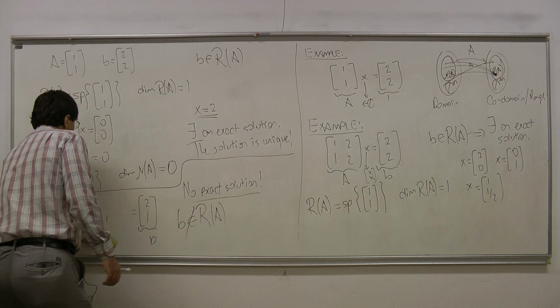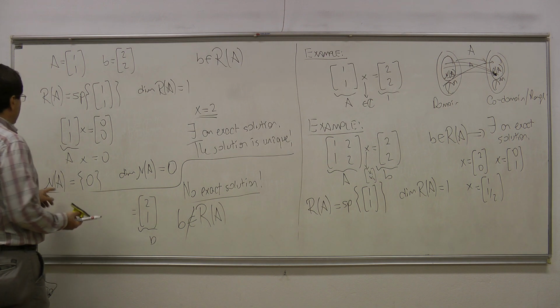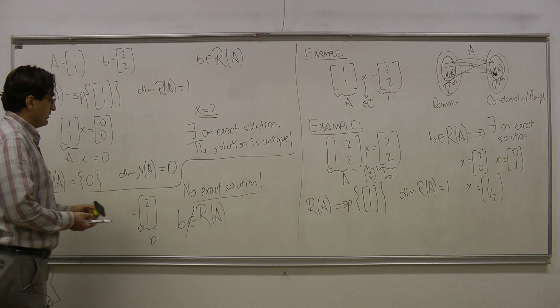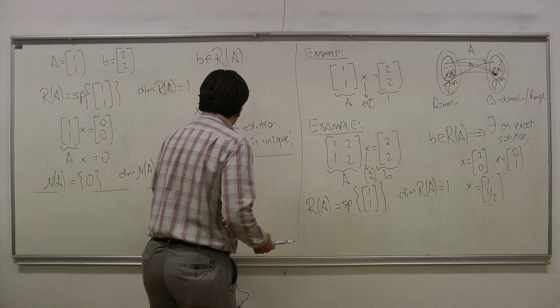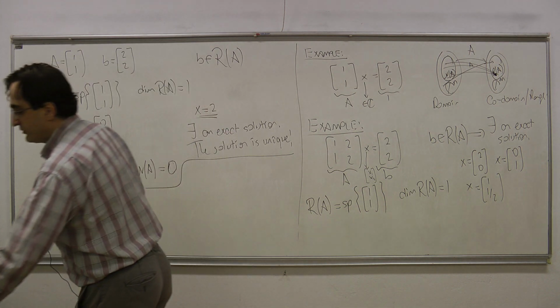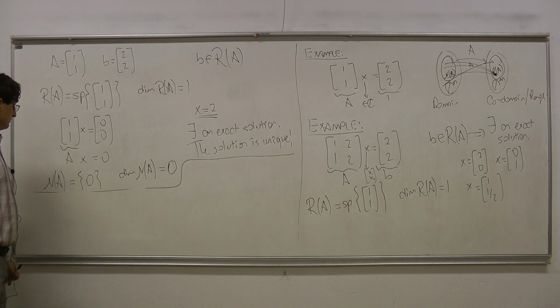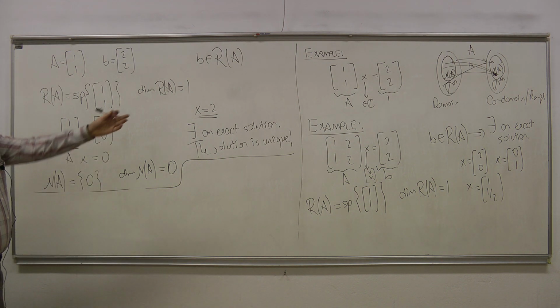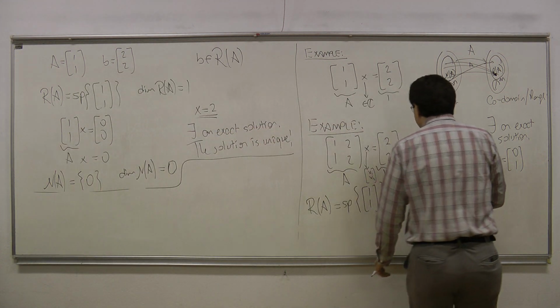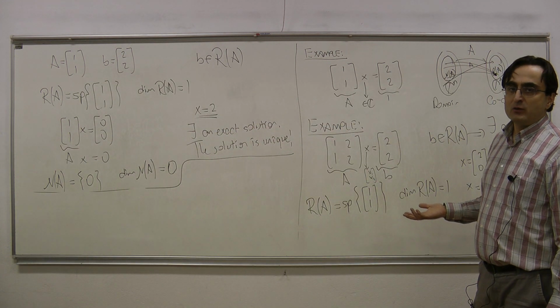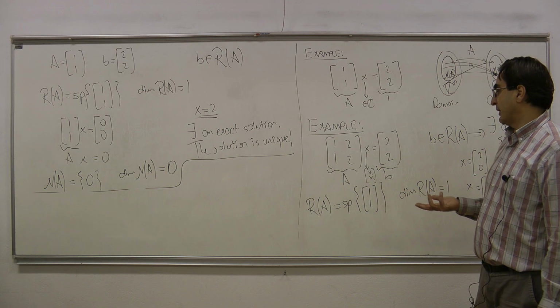So in the earlier example, I had the null space of A, which is a zero-dimensional subspace, composed of only the zero vector or zero number here, okay? And let us look at the null space for this example. So the first question that I'm going to be asking, what is the dimension of the null space?